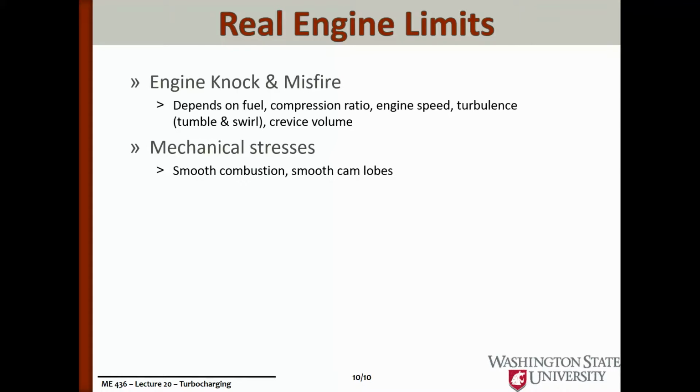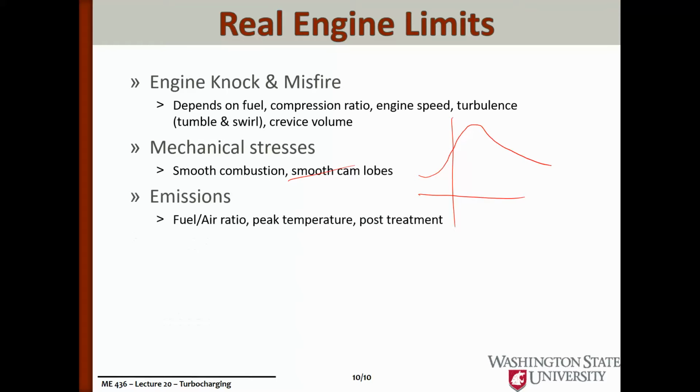We talked about mechanical stresses a little bit. We didn't talk too much about cam lobes this year, but we did talk about trying to have, we don't want necessarily instantaneous combustion because we want that pressure rise to be a smooth function, so we don't want a detonation. We want a nice, smooth, but quick flame front.